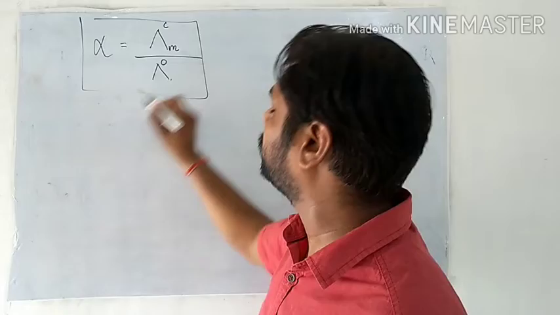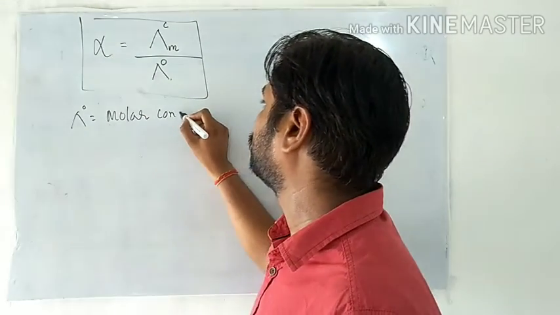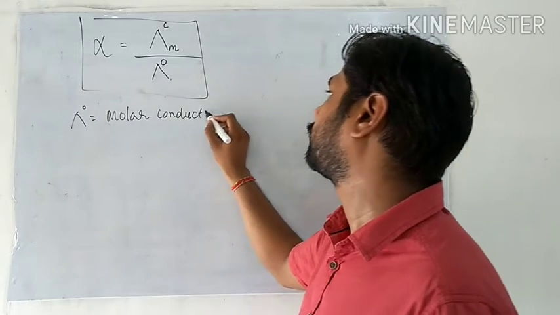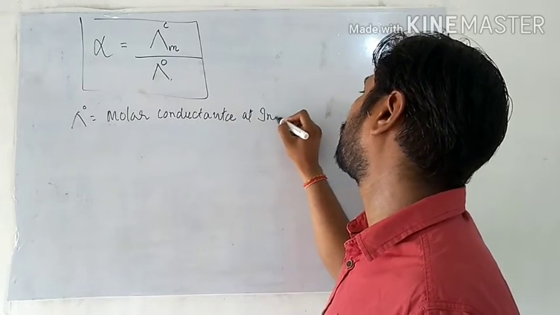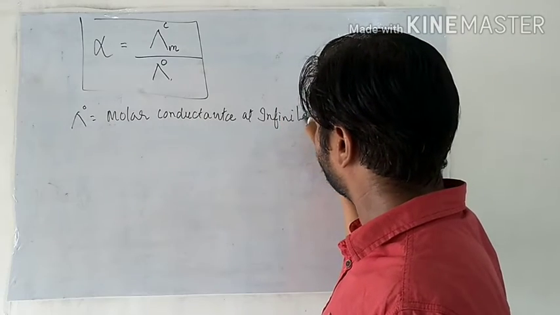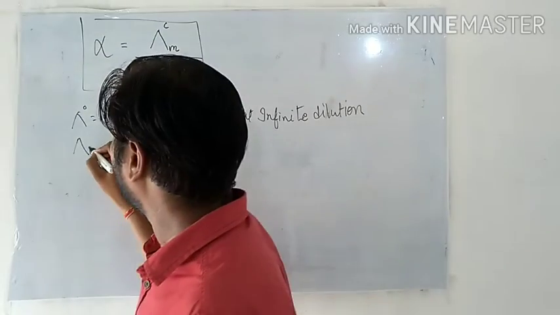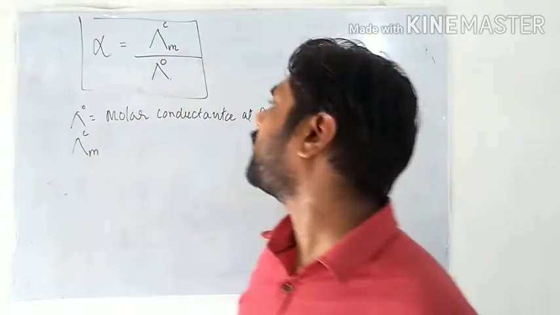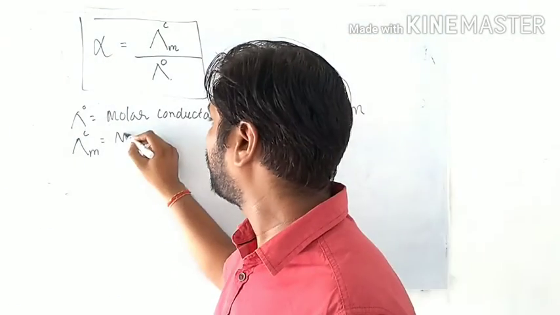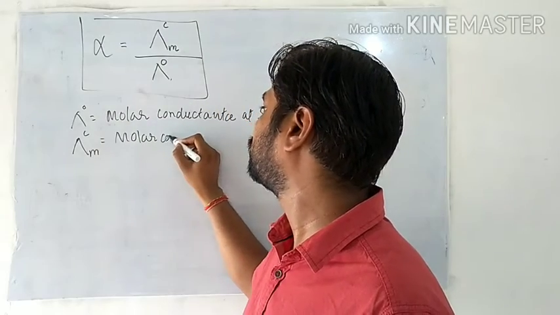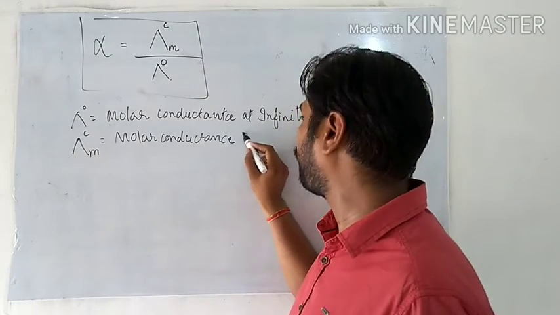This lambda naught is molar conductance at infinite dilution, and that is lambda m. C is just to mention that it is for any concentration. It is simply molar conductance which we have found from this formula.